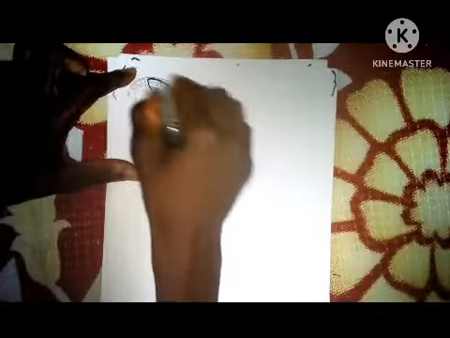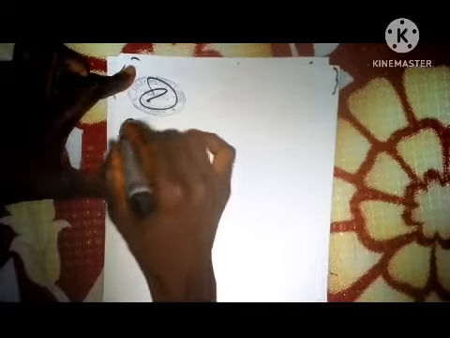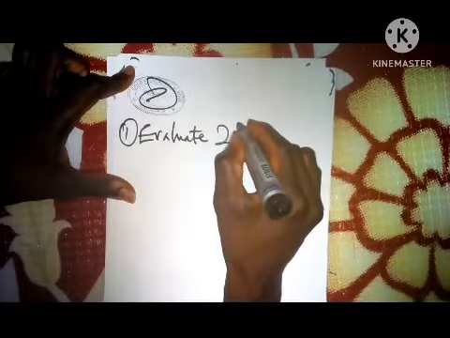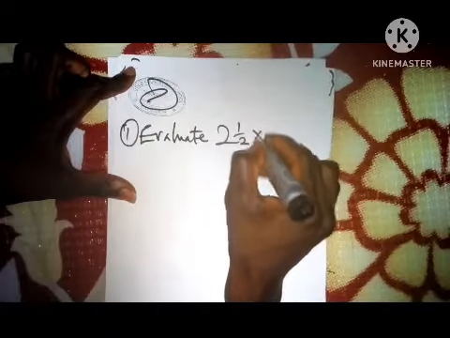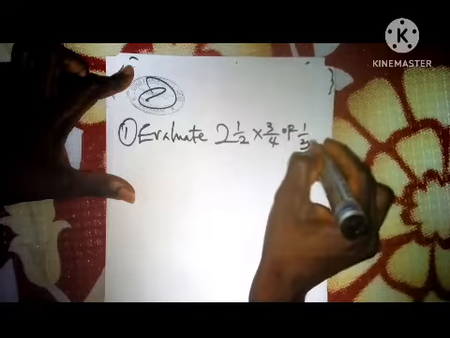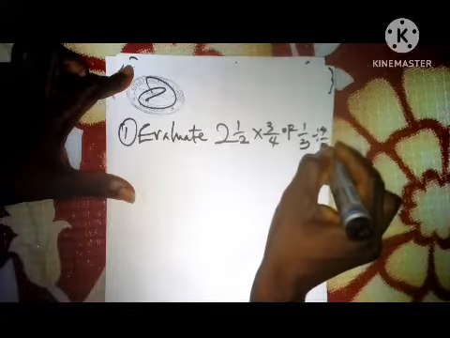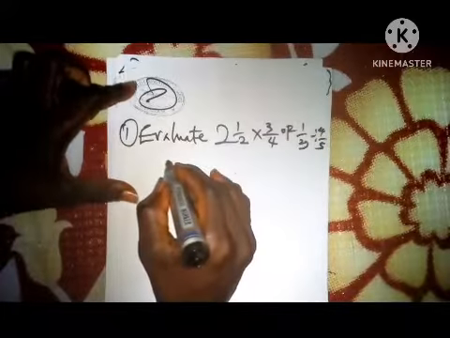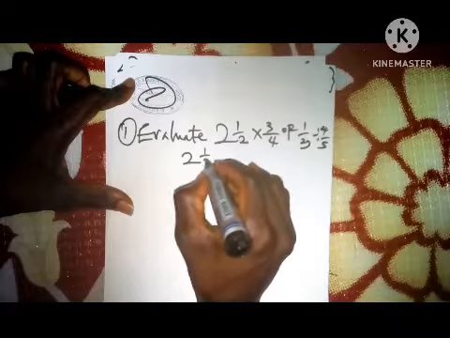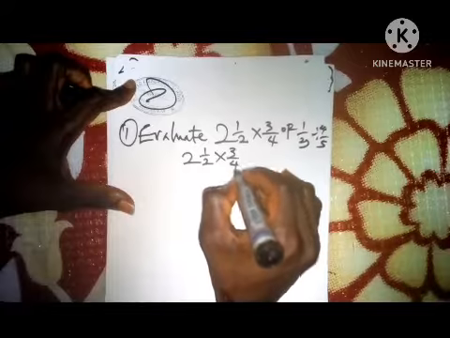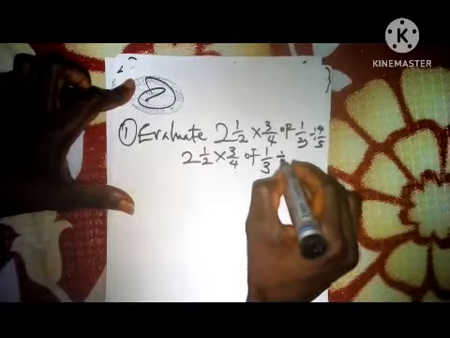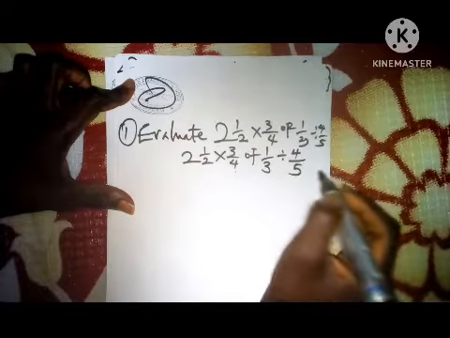We have number 1. Evaluate 2 whole number 1 over 2 times 3 over 4 of 1 over 3 divided by 4 over 5.